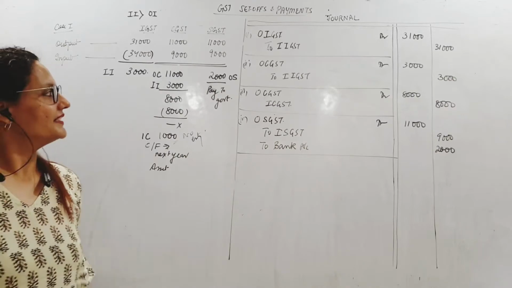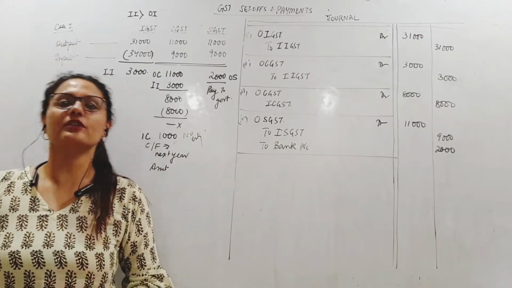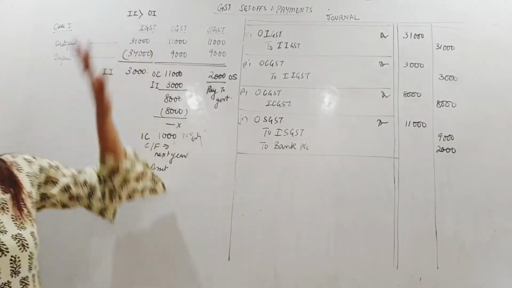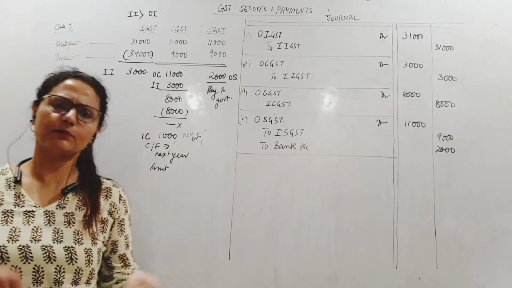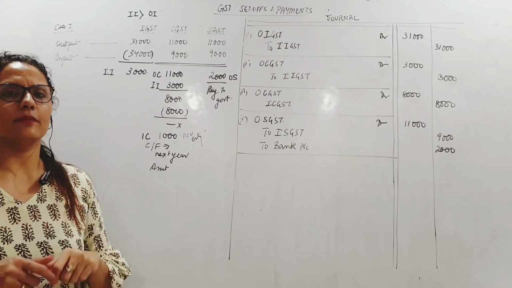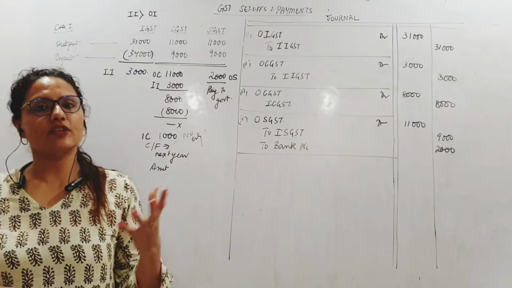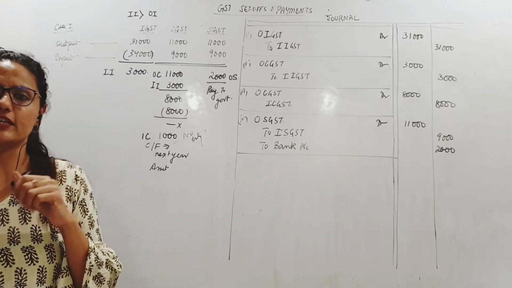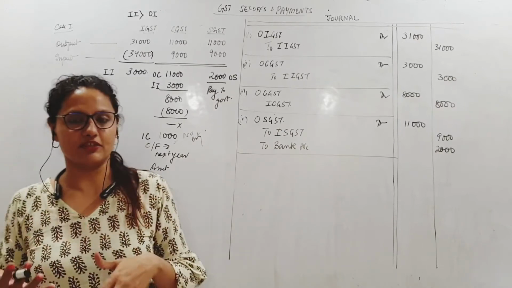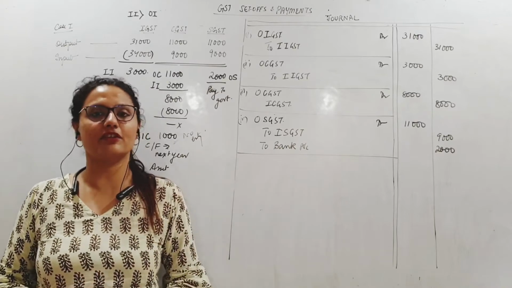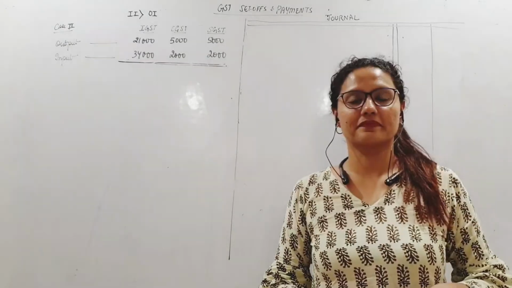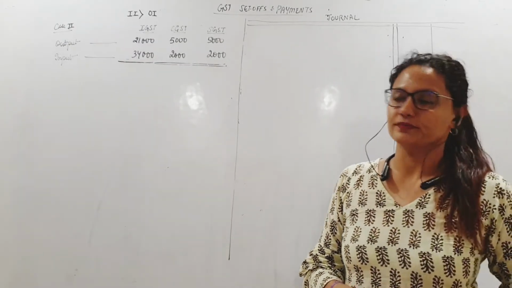Clear? So this is one case where input IGST was more than output IGST. We'll take one more sum on this premise where input IGST is more than the output IGST, but again things go different as the numbers will be different for other taxes. Case 2.